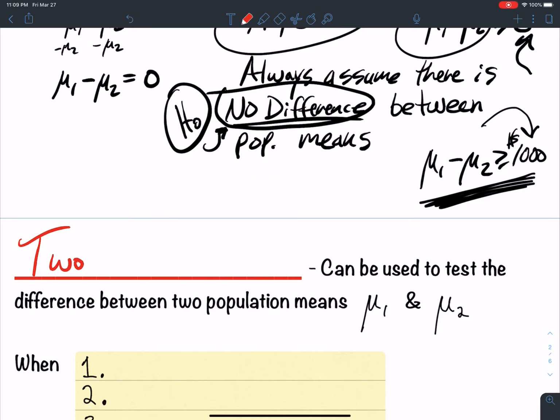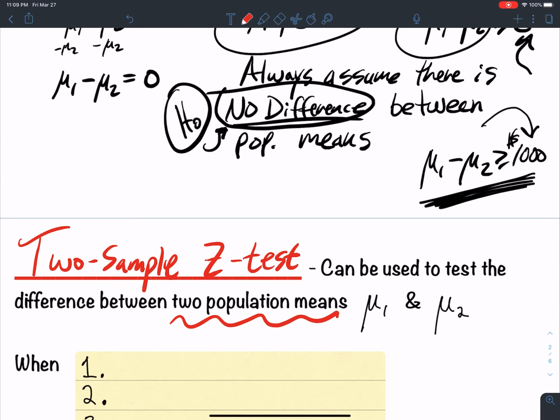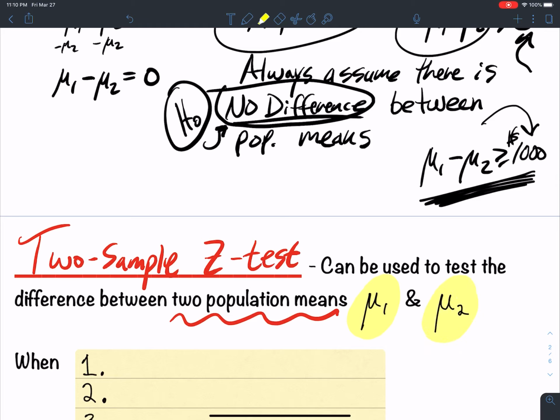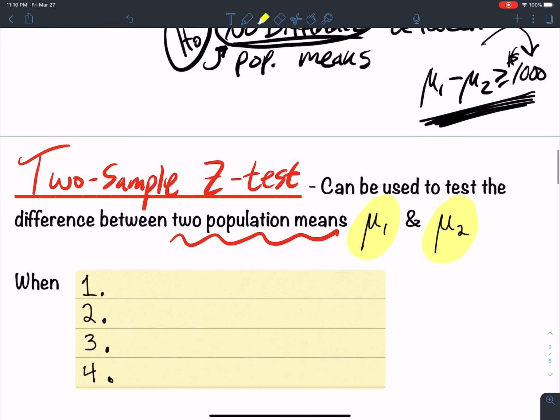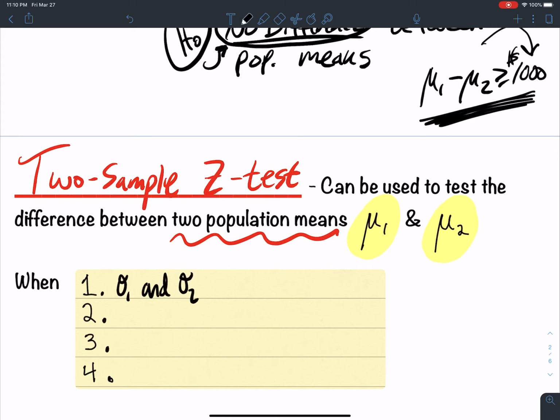It's a two-sample z-test. This can be used to test the difference between two population means, mu1 and mu2, when there are 4 criteria to use this. Sigma 1 and sigma 2 are known.